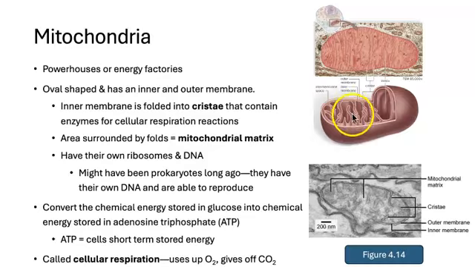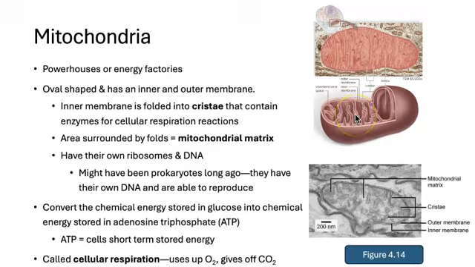The inner membrane is kind of folded into what we call cristae that contain enzymes for cellular respiration reactions, and I believe it's chapter 6 where we'll talk more about these reactions. And the area that's surrounded by the folds will be called the matrix. So this area in here would be our mitochondrial matrix.